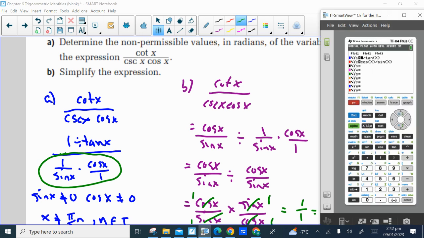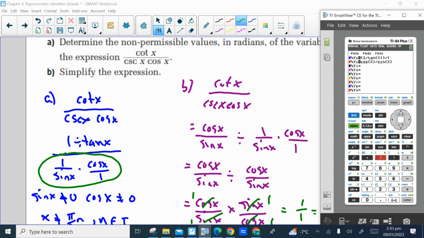If you put that expression into y1, you've got cotan, which I'll write as 1 divided by tan x. I could have just as well done cos x over sine x if I wanted to. But notice I use an extra set of brackets there to keep the numerator together, and that's divided by cosecant x times cos x.